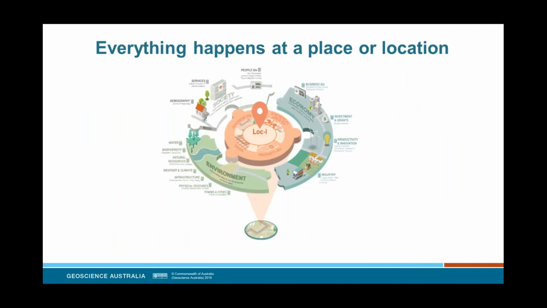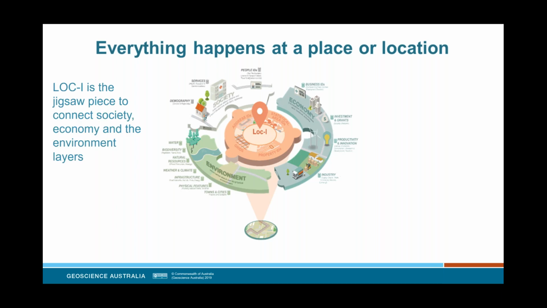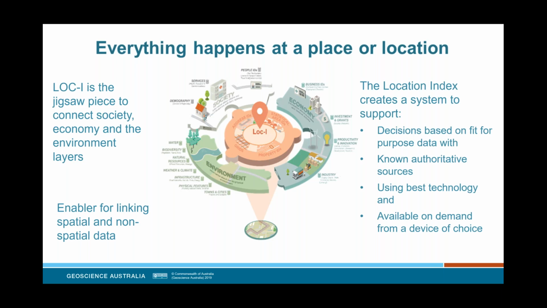And this brings us to LOC-I, the location index project. So everything happens in a place, and the problem we have in the Australian environment is that everything's all disjointed. All these different agencies are all operating in their own little space. And the concept of the LOC-I project is to be the jigsaw piece that brings everything all together and to be that enabler.